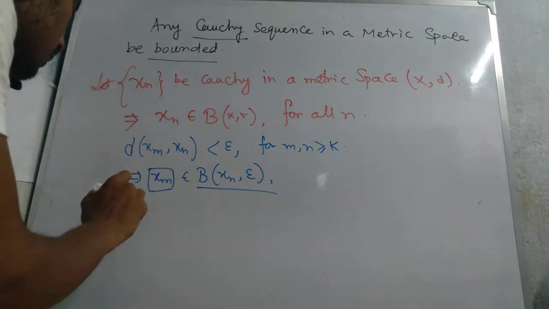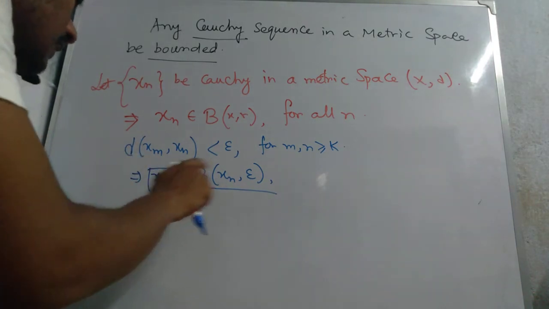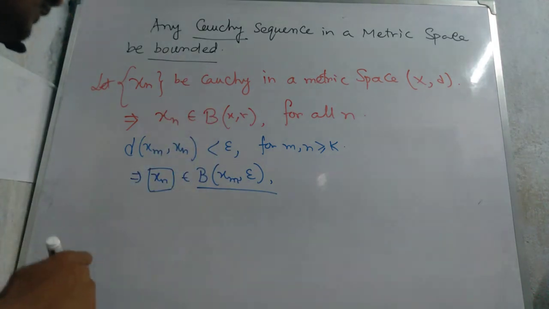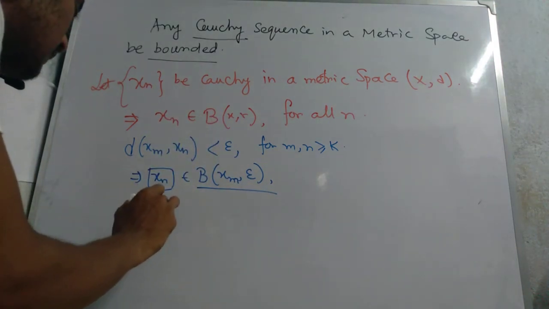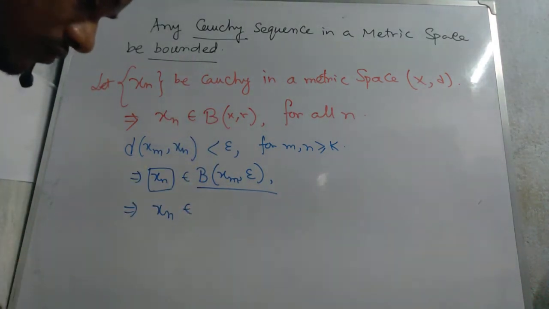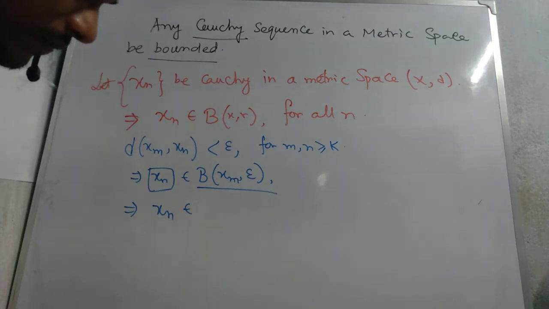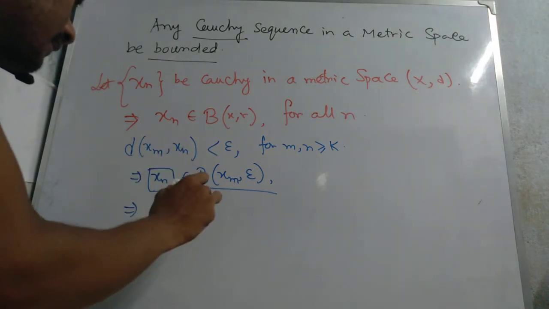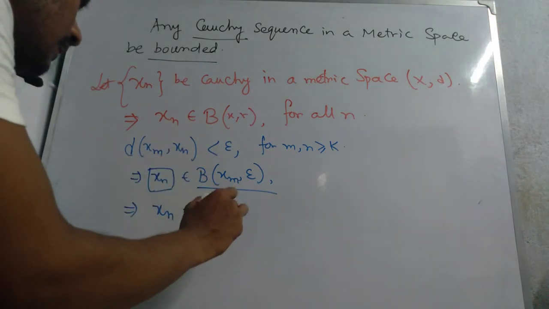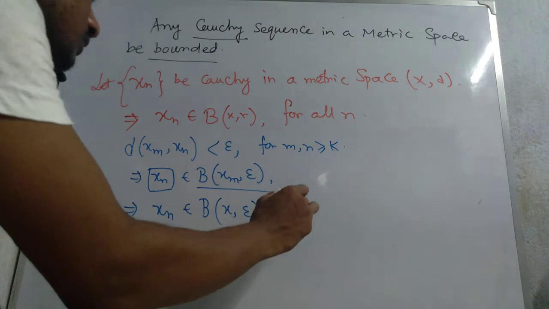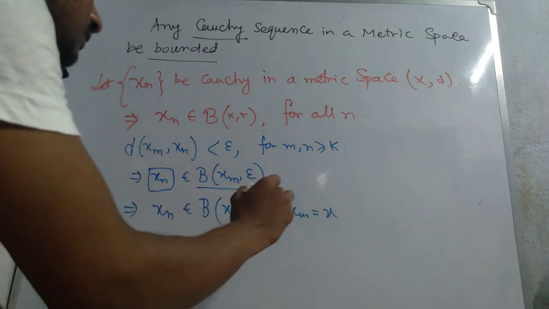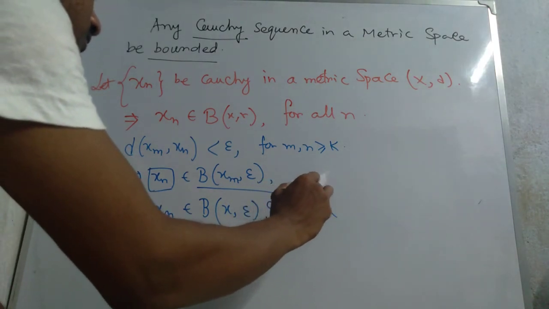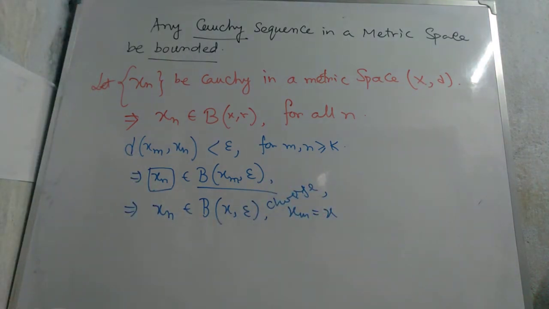If x_n belongs to this, then this implies that x_n belongs to B(x, epsilon) for infinitely many n, or for all n, if we choose x_m equal to x.